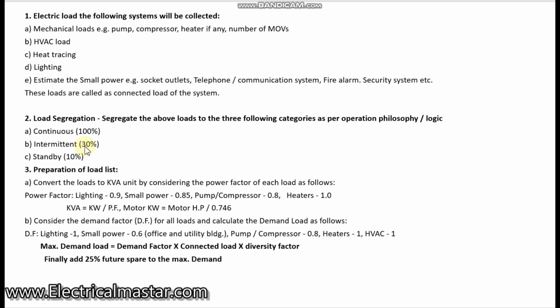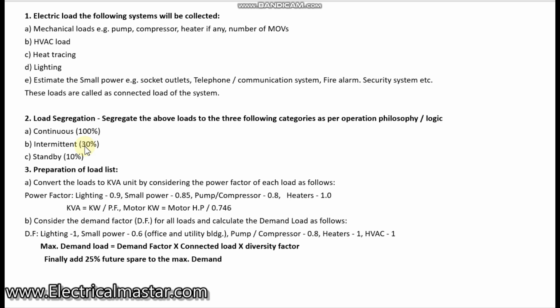And third, you should know how to prepare the load list. The load list is very simple. First we need to convert all the values into kVA. If you have values in kilowatts or HP, you convert those values into kVA. For converting, you should know the power factor of the particular equipment.